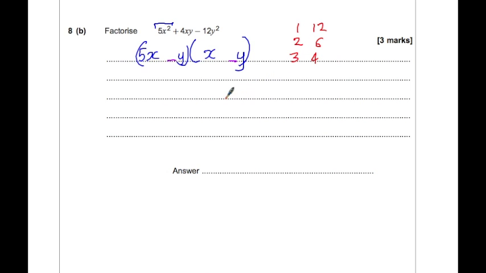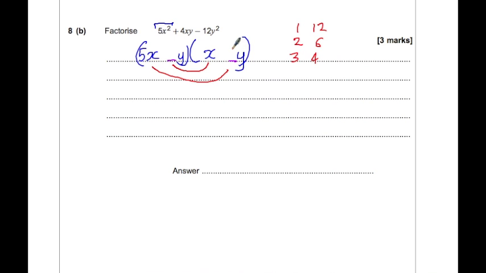So let's try and think which way around I have to give us a plus 4xy, but also a minus 12 y squared. So we could put any of these here, and we'd still get a minus 12 y squared. But we've got to try and think, well, we want to also have a plus 4xy. So if we think this term's going to be times by this one, and this term's going to be times by this one, let's try out these different combinations and see which are going to give us a 4xy.